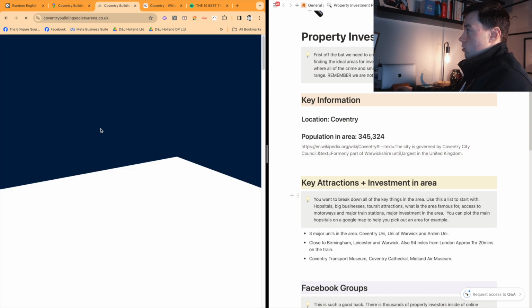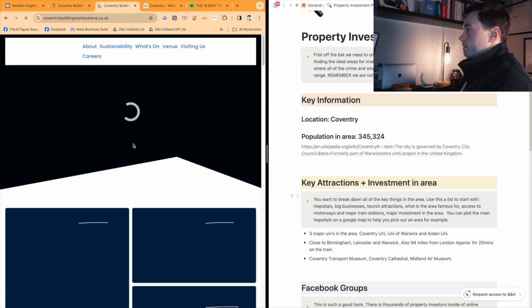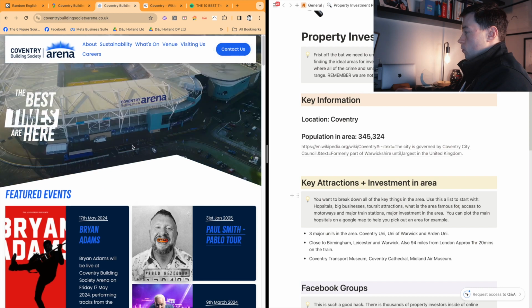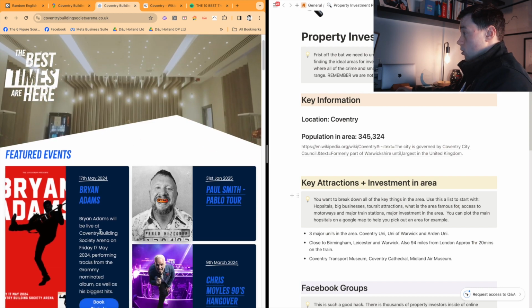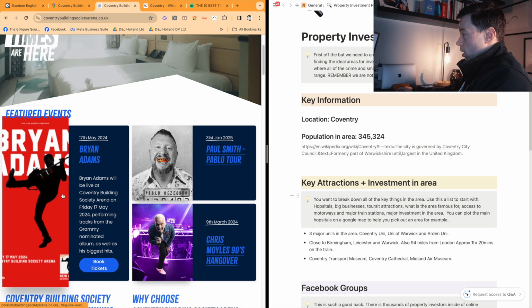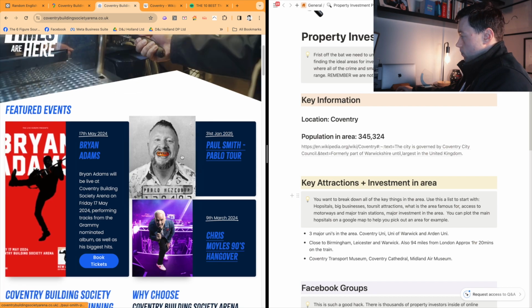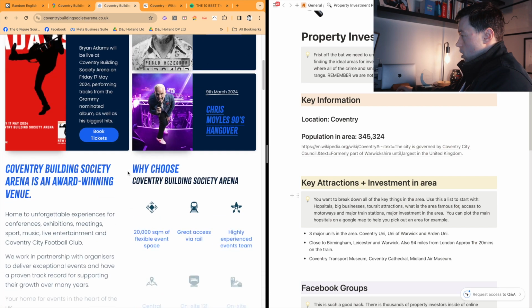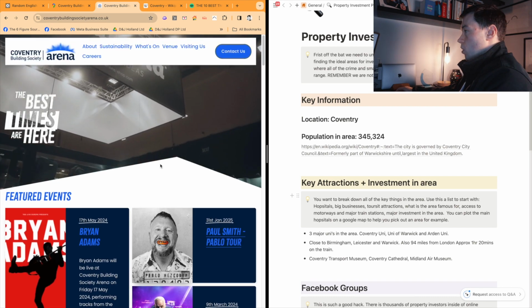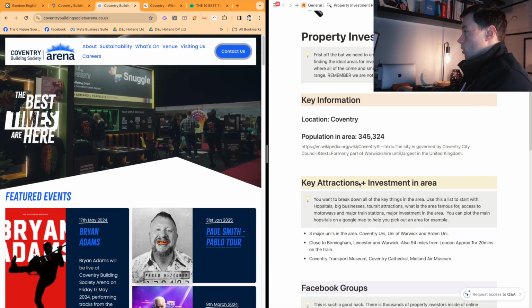Coventry Building Society Arena. Let's see what stuff they've got on there. So, Bryan Adams. Okay, maybe I was wrong. Chris Moyles. Okay, so yeah, maybe I was doing Coventry a disservice there.